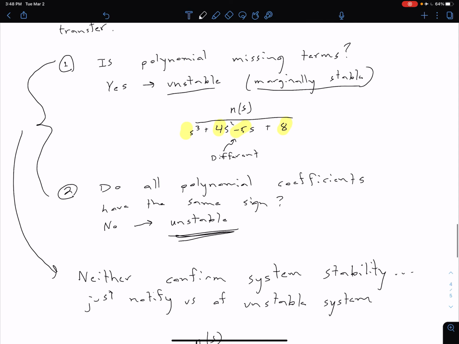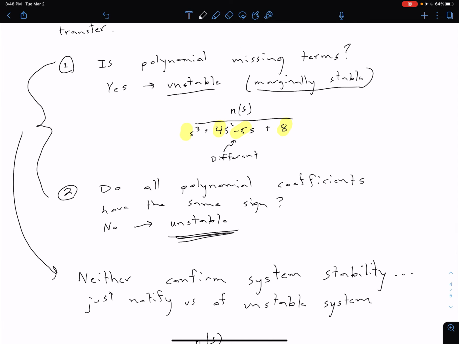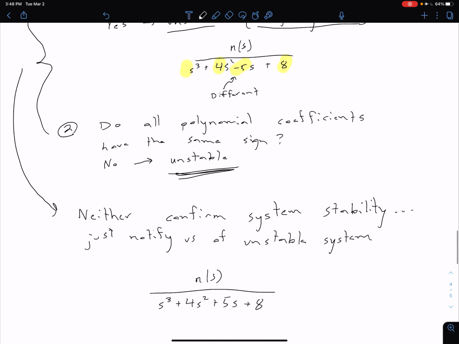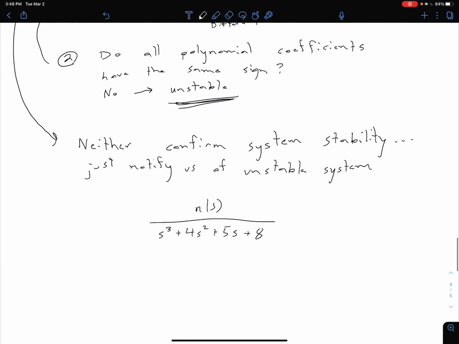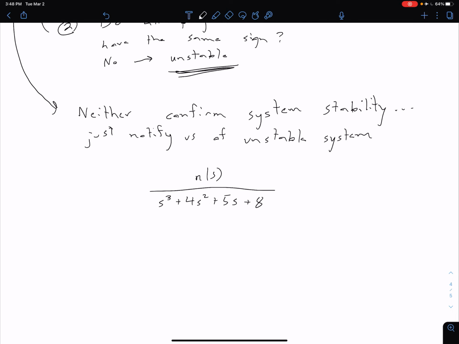It doesn't meet any of the quick check criteria, so at the very least we don't know right off the bat that it's unstable, but we can't say for sure that this is stable.